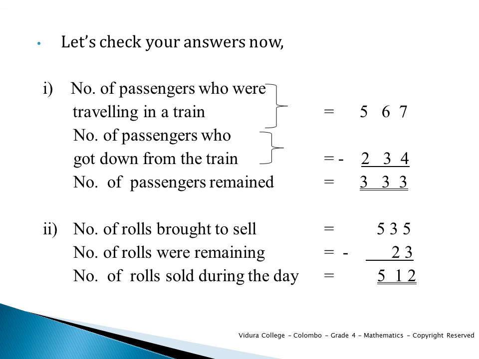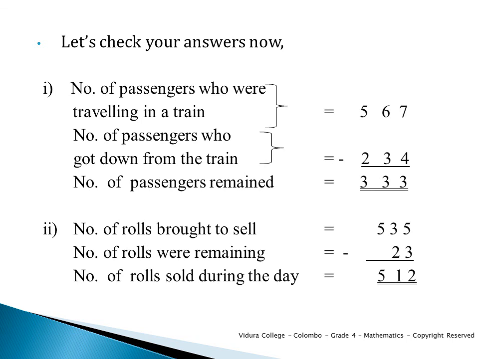Second question. First statement should be number of rolls brought to sell equals 535. Second statement should be number of rolls remaining equals 23. Third statement should be number of rolls sold during the day.